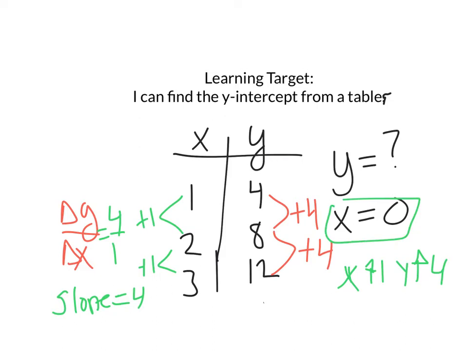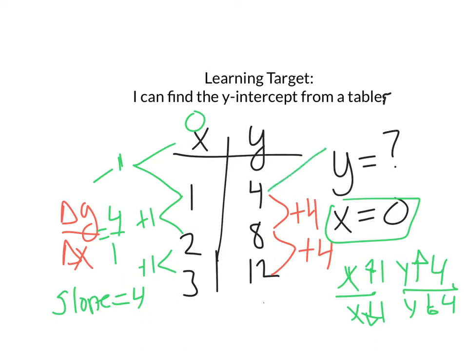So one way we could do this is, how do I take x back to 0? Well, I subtract 1. If you increase x by 1, you increase y by 4. Well, if we do the inverse, we decrease x by 1, then we have to decrease y by 4. So we would subtract 4 and we would get 0.